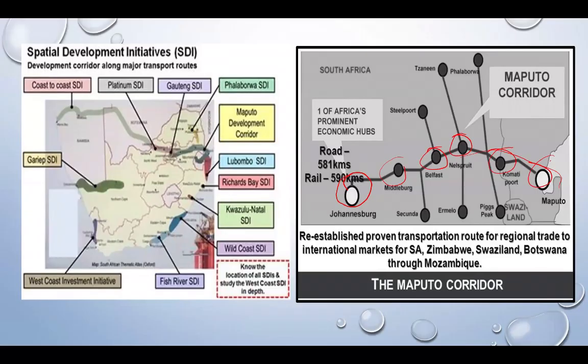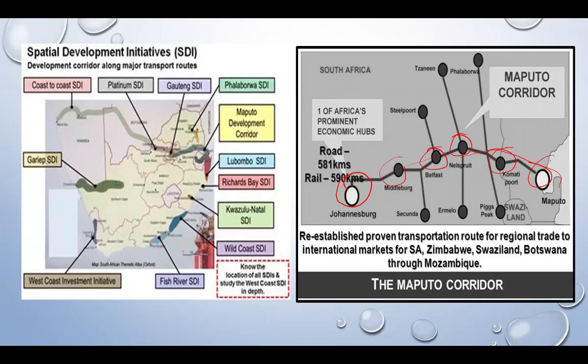So if you are to make a definition, you must give the characteristics. You say it is a development area, or a corridor which is linking these metropolitans together.